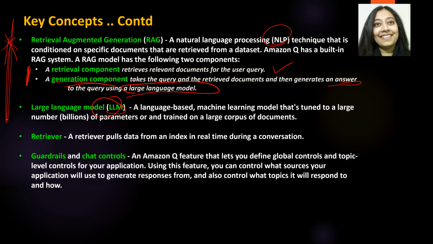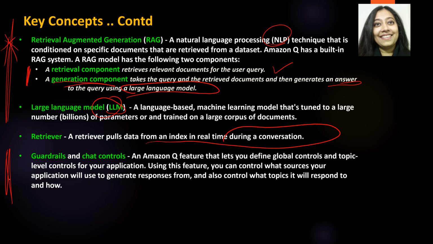The retriever, we already spoke about in the retrieval component, pulls the data from the index in real time during a conversation. Over here, lastly, you have guardrails and chat controls. So in Amazon Q, it lets you define some global controls and topic level controls for your particular application.